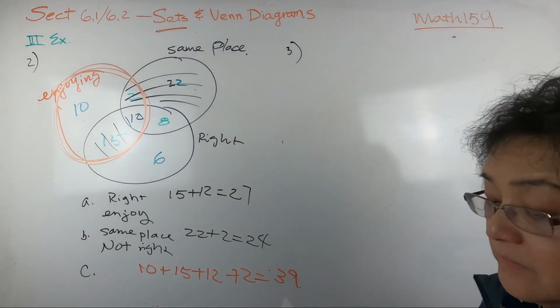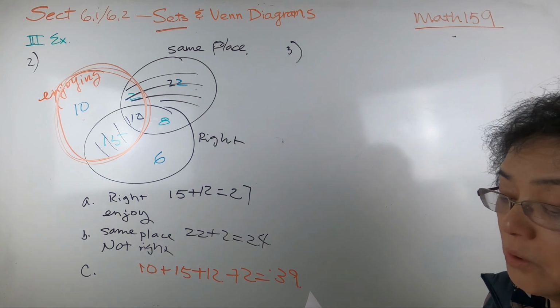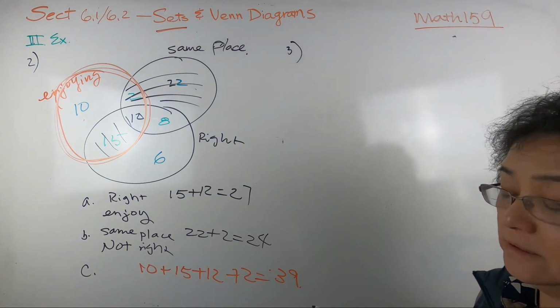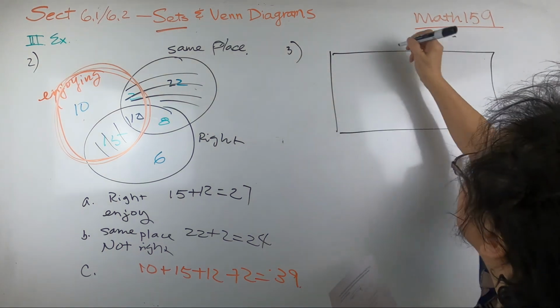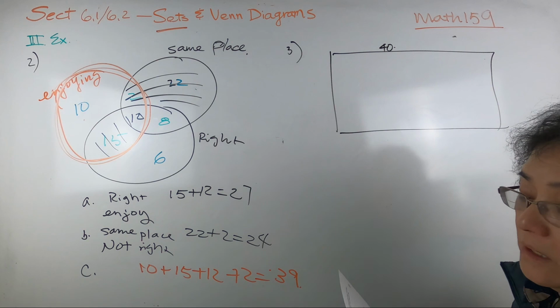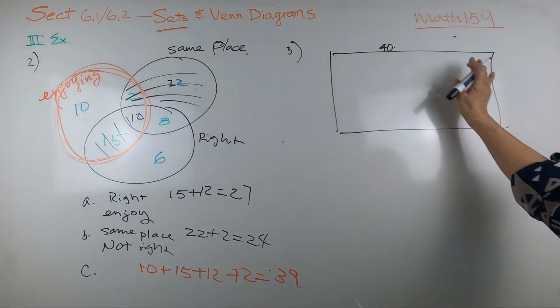Example 3. Here it says, suppose that a group of 40 households was looked at. So you check how many total? Total have 40 households, right? You look at it. 24 of them house dogs. Then 30 of them house cats. 18 of them house both cats and dogs. Sketch a diagram that displays the information. So total is 40.